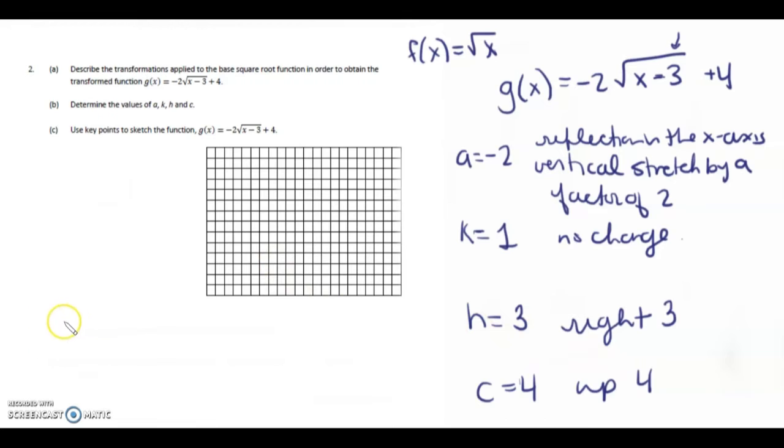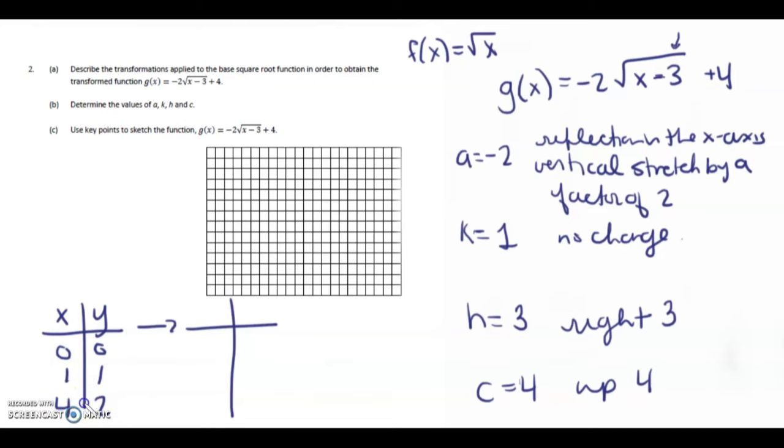Okay, so now we're going to use the key points to stretch this graph. Stretch, compress, and apply transformations. When we're dealing with a root function, we want to use (0, 0), (1, 1), (4, 2). And we write the mapping notation based on what's going on here. There's a reflection in the x-axis and a vertical stretch by a factor of 2, so we get -2y, and then that's also going up 4.